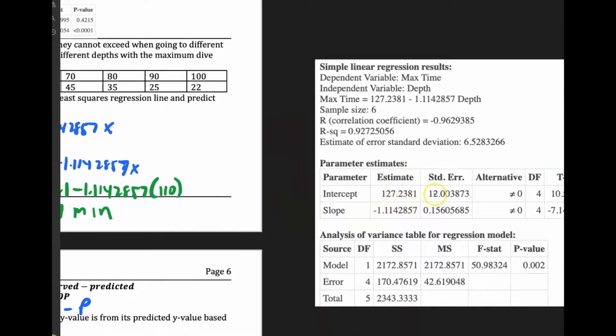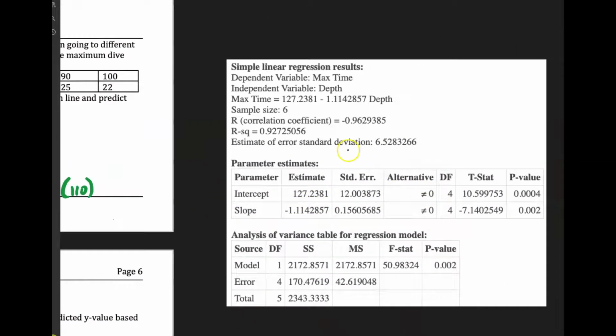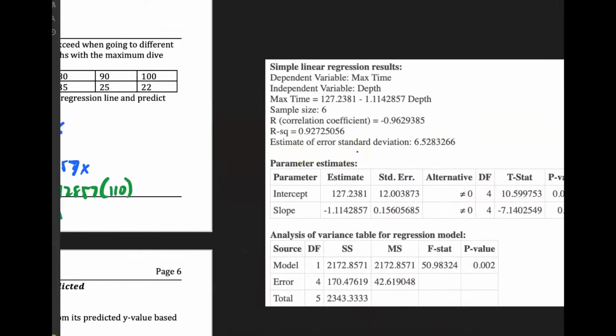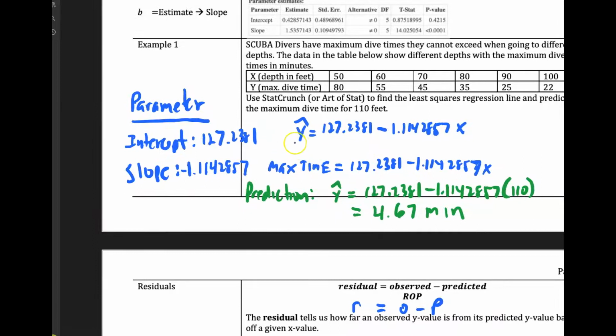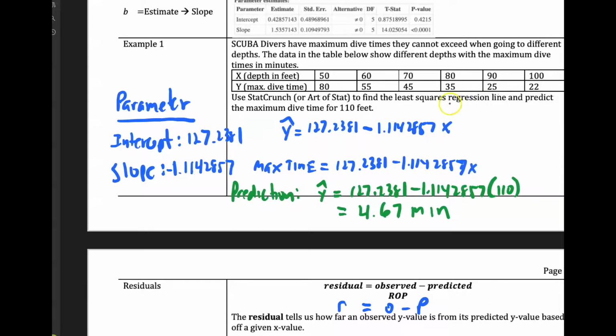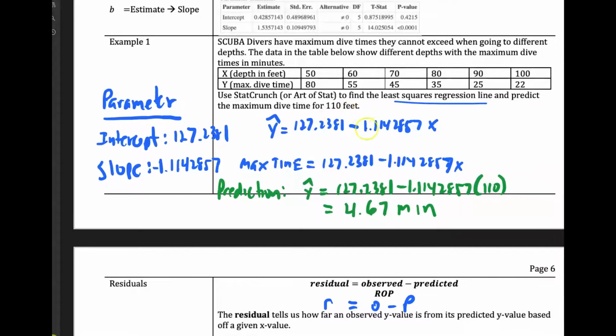Again, you want to pause to just study that, and then go back over here, and then we can use the least squares regression line to predict the max dive time for 110. So go ahead and pause so you can see we have the parameters. Here's your equation. I'm looking for the y hat, the predicted value.